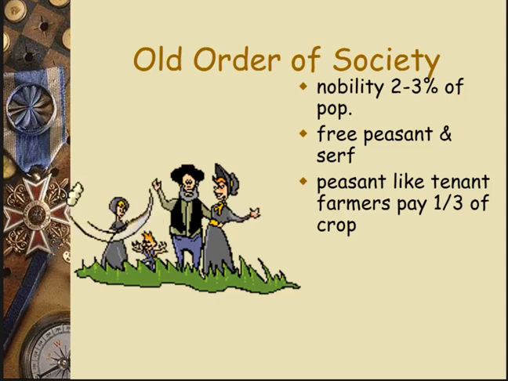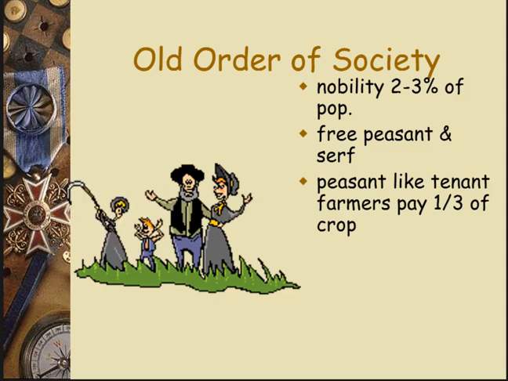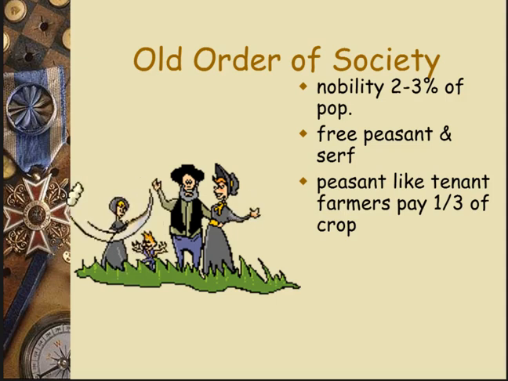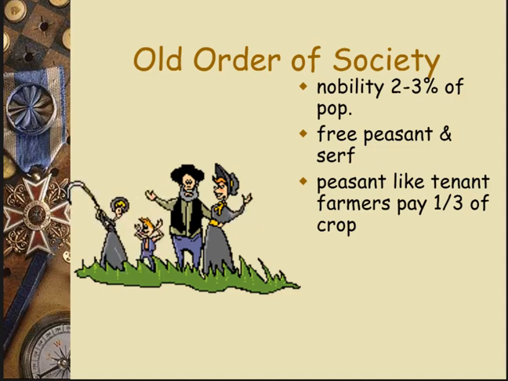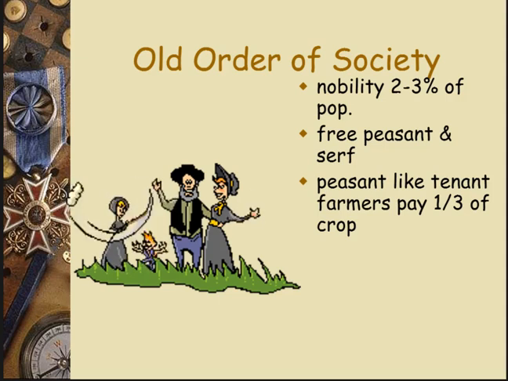There will probably be 100 people who are assigned, maybe more, to work that land. Those people can never leave that land. If I sell the land or give it away or I die and it goes to my son or something, those people and their descendants stay with that land and work it. They are not free to leave. They are serfs. So technically the people are not owned, but they don't have any freedom either. They've got to keep doing the same job.